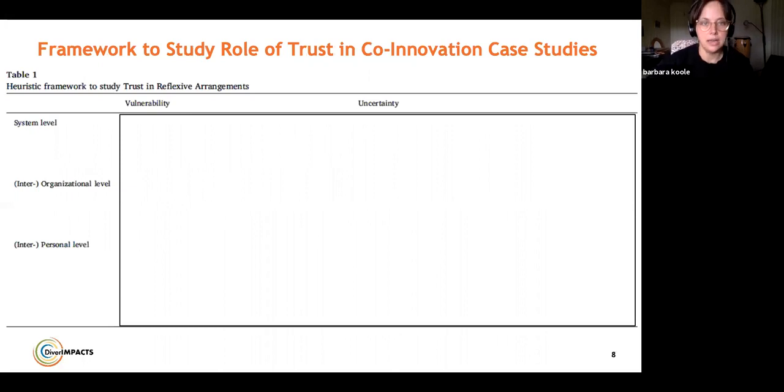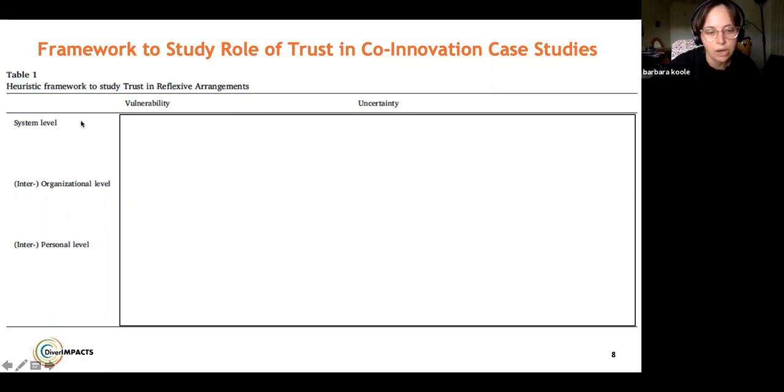So this separation is represented here in this framework that I have developed in my first article to study the role of trust in this context. So I separate between this interpersonal level, inter-organizational level, and system level of aggregation.